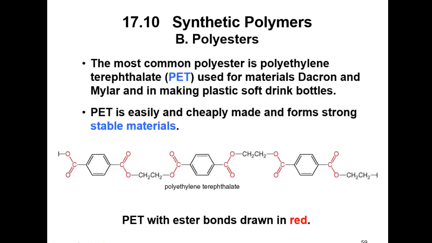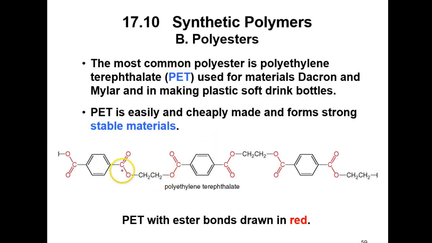Polyesters are the same type of thing. I don't think a lot of clothes are made of polyester, or if they are, it's a very small percentage. But a lot of the materials that we have are considered polyesters, like the Mylar in a balloon, or the plastics in a soda bottle or a water bottle.